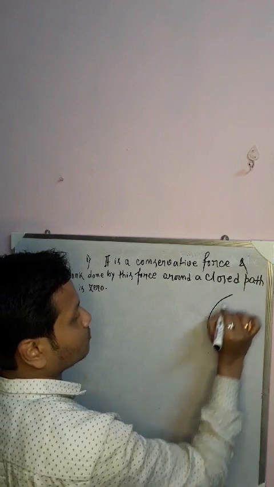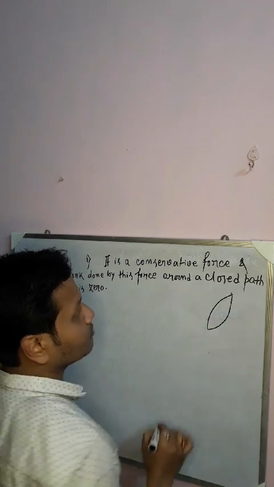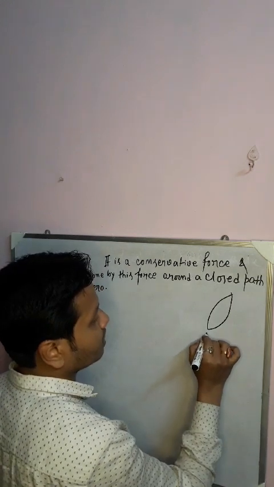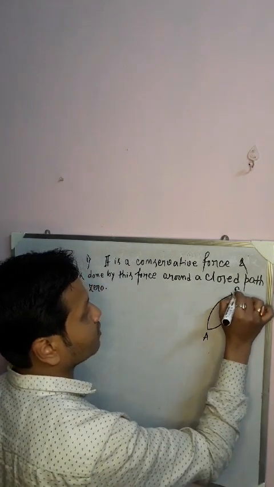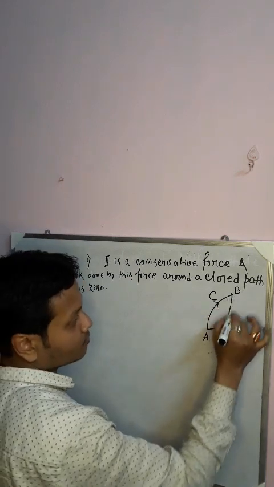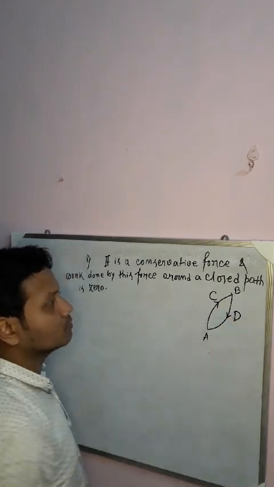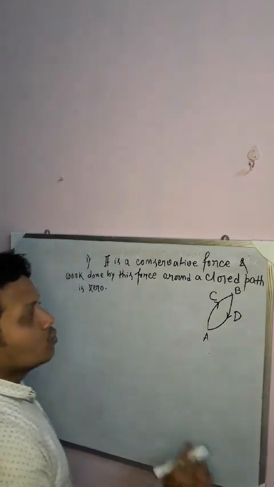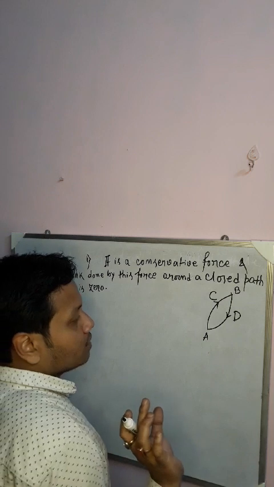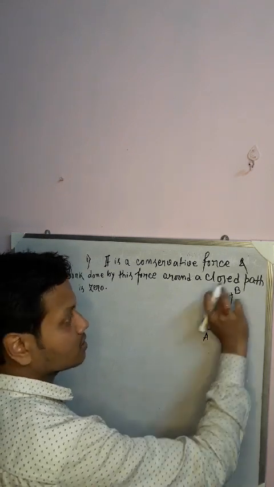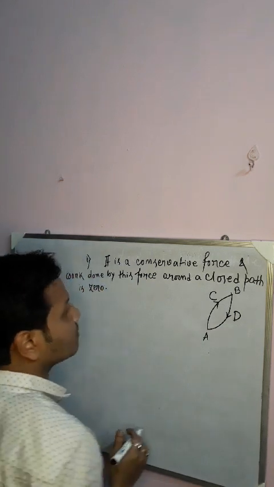So how can we justify it? Take a closed path. Suppose we take a particle of mass m from the initial position A to the final position B via the path ACB, and then return the particle from B to A via the path BDA. So this is a closed path. What will be the work done in taking the particle along the path ACB by a small distance, say dr?